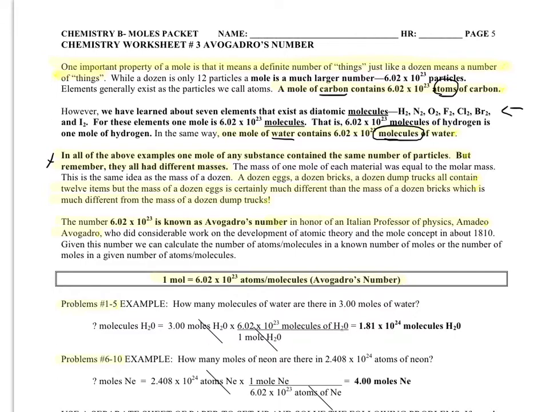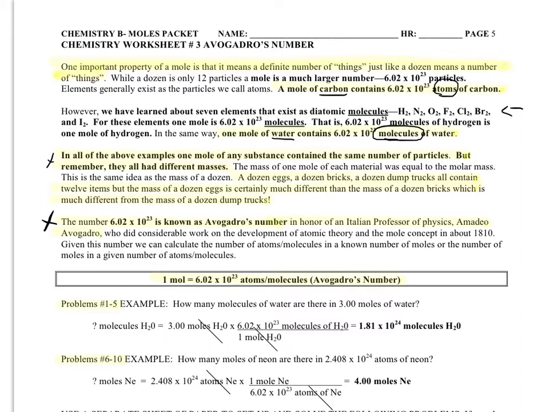Now, before we get to the problems, we have to give just a little shout out to our friend Avogadro. 6.02 times 10 to the 23rd is something that I will refer to as Avogadro's number in honor of the Italian professor, actually of physics, but physics and chemistry sort of double dip sometimes, Amedeo Avogadro.